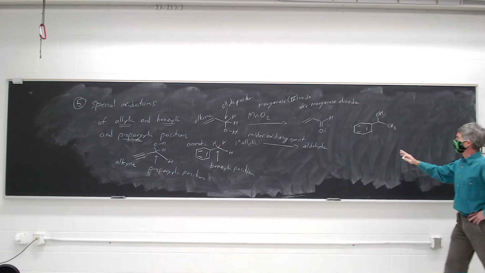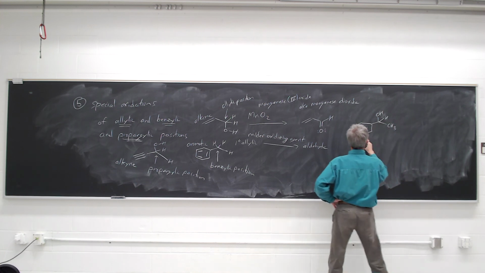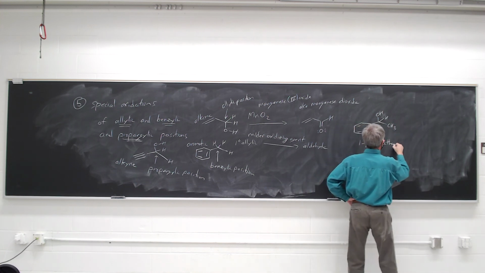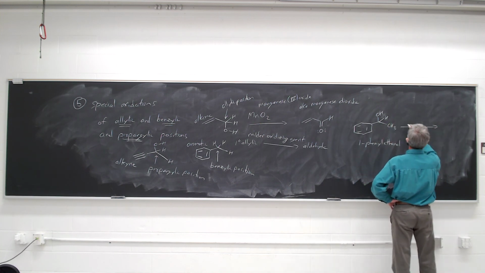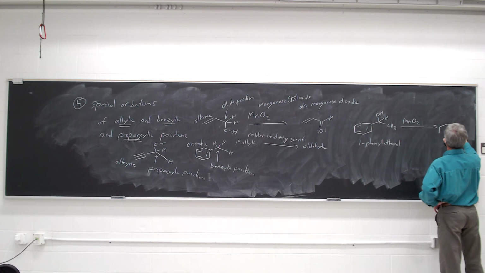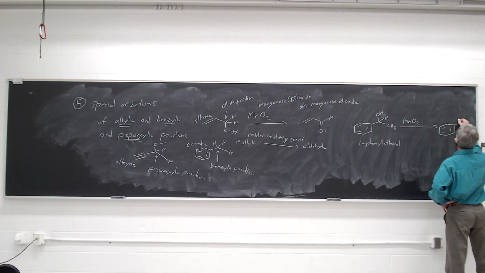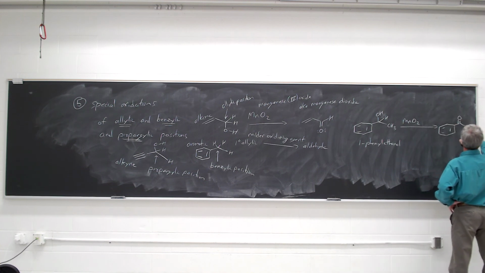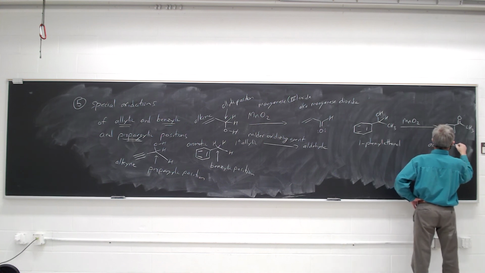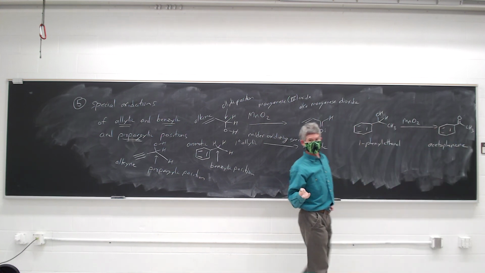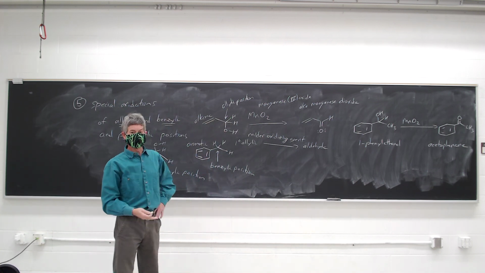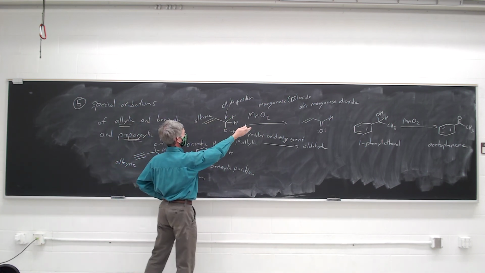So if I had 1-phenylethanol, for example, I could treat that with activated manganese dioxide to generate acetophenone, which is the same thing we just made by the Friedel-Crafts reaction. So in this case, a secondary alcohol goes to a ketone. In this case, a primary alcohol goes to an aldehyde.